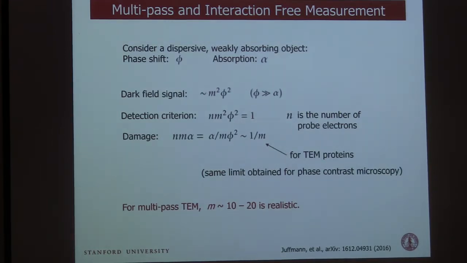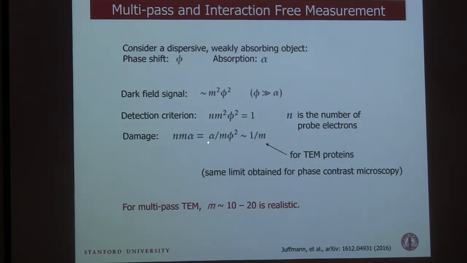And the damage done is basically, for each probe particle, I have m passes with coefficient alpha, and then I have n particles total. The total damage done is going to be n times m times alpha. And then I can do a little bit of manipulation, and I can write n in terms of m squared and phi squared, and I find that the damage can be written per detection as alpha over m squared phi squared.